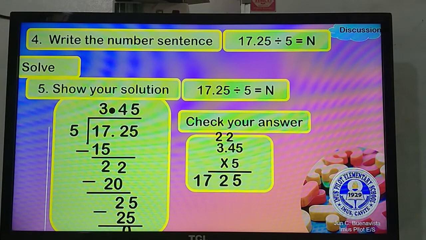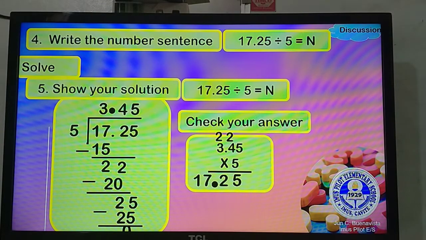Okay, so now, count the number of decimal places. So we have here 1, 2. Two is our number of decimal places. That is why the decimal point in your answer is between 7 and 2. So what is your answer now? 17 and 25 hundredths.